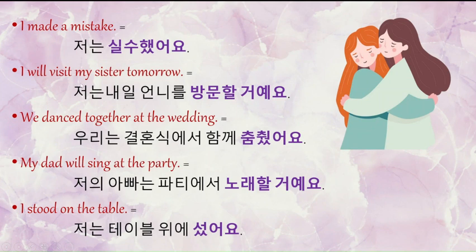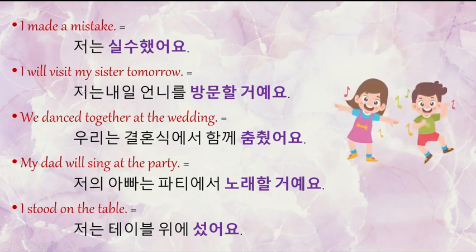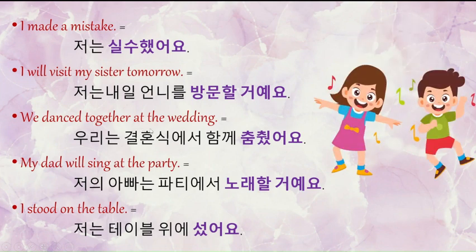I will visit my sister tomorrow. 저는 내일 언니를 방문할 거예요. Here, the verb to visit is being conjugated in the future tense. 방문할 거예요. Okay? Next is, we danced together at the wedding. 우리는 결혼식에서 함께 춤추었어요.